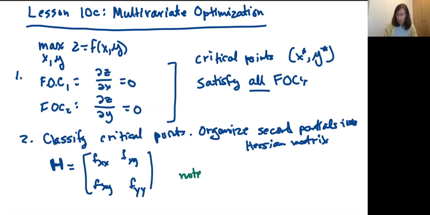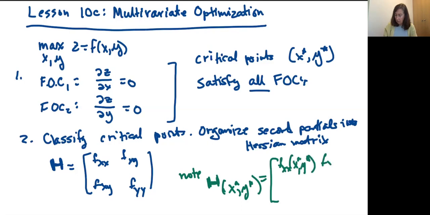So we could say the Hessian evaluated at, for example, x star, y star would just be f_xx at x star, y star, f_xy at x star, y star. Same thing here, f_xy.